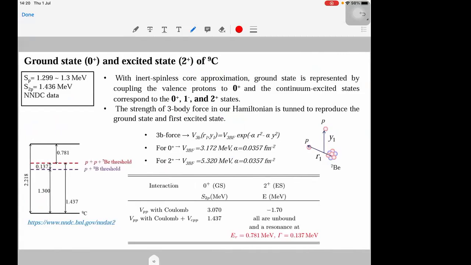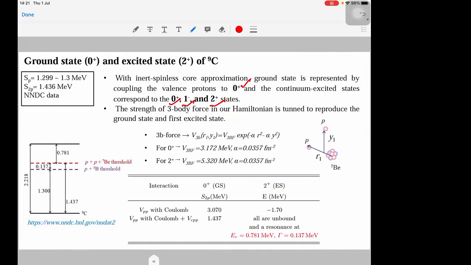Okay. Now, with this simple inert spinless core approximation, the ground state is represented by coupling the valence protons to 0 positive. And the continuum excited states correspond to 0+, 1 negative, and 2+ states.